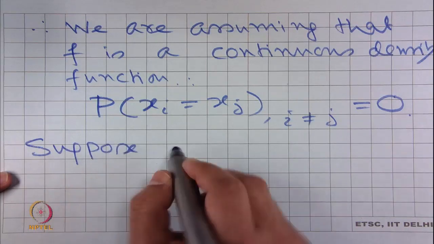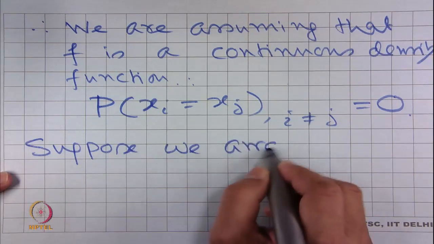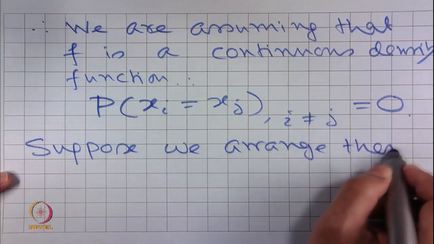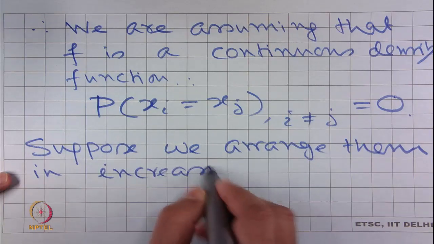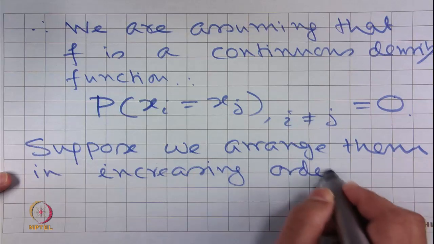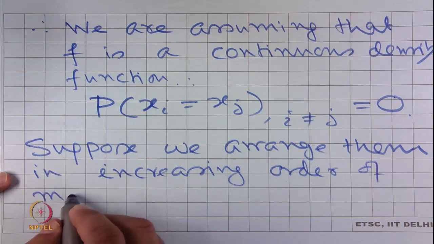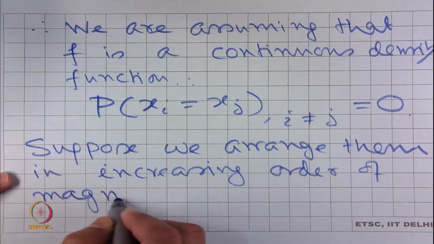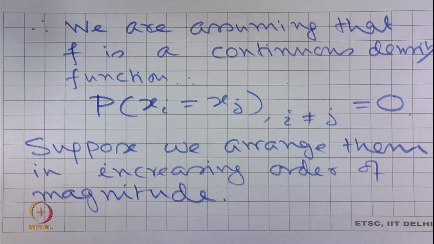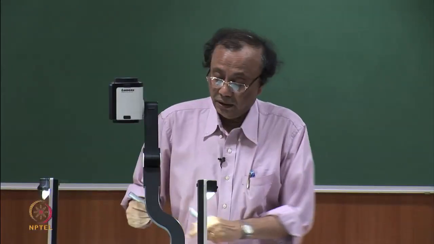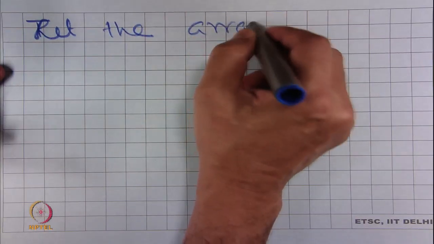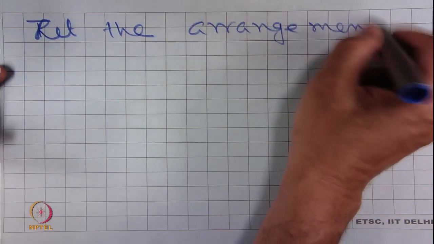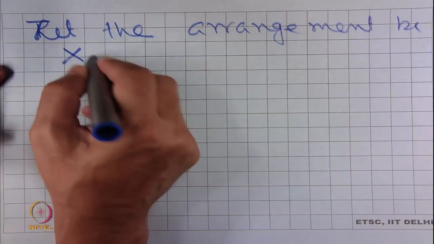Suppose we arrange them in increasing order of magnitude. Let the arrangement be x subscript bracket 1 strictly less than x bracket 2 and so on.